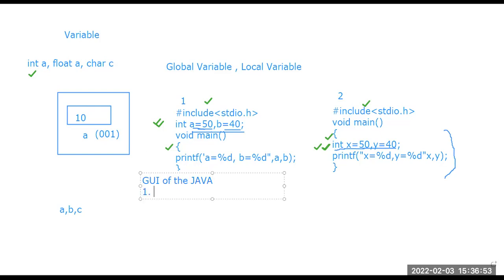First one, we can talk about AWT. The full form of AWT, anyone knows that? The full form of AWT is Abstract Windowing Toolkit.